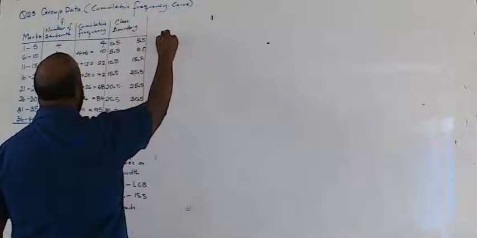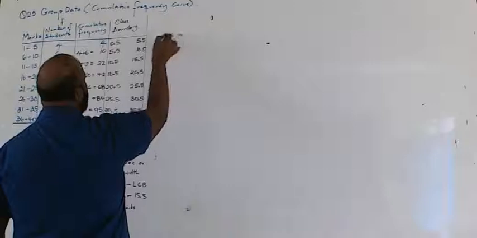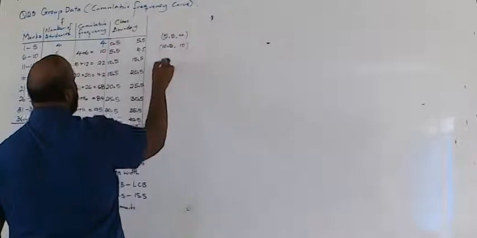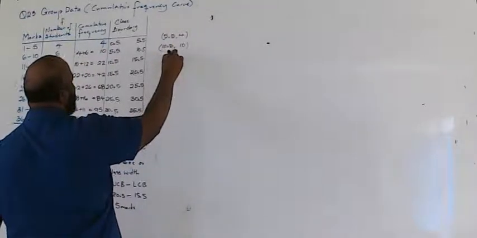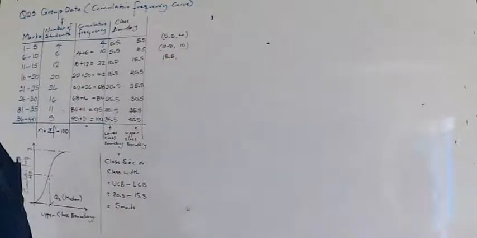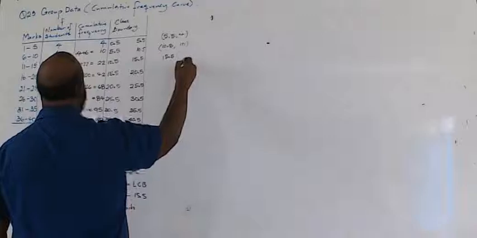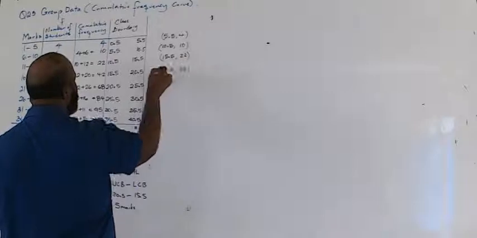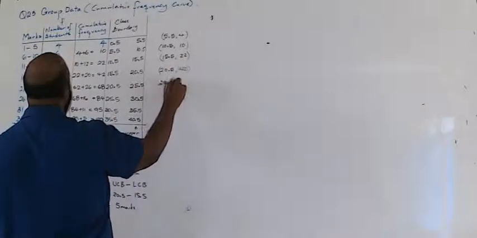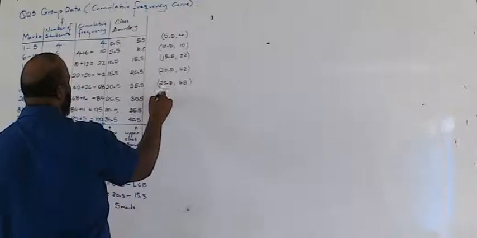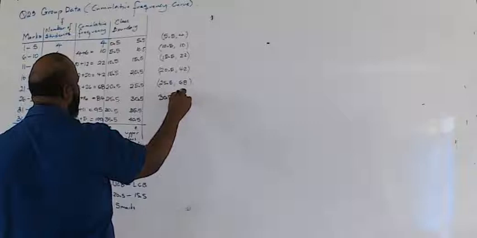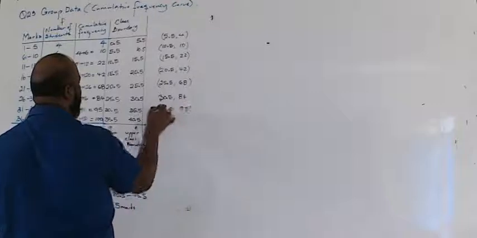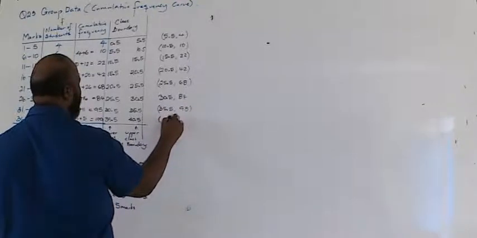So these are my values: 5.5, 4; 10.5, 10; 15.5, 22; 20.5, 42; 25.5, 68; 30.5, 84; 35.5, 95; and 40.5, 100.